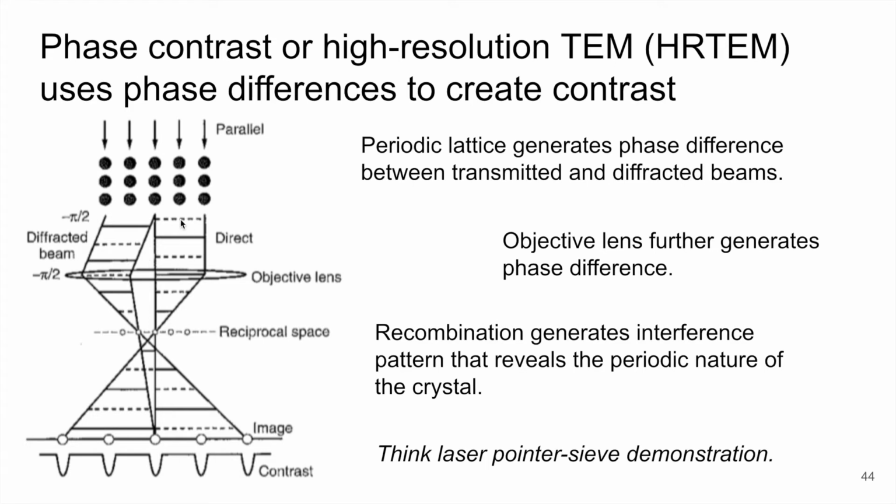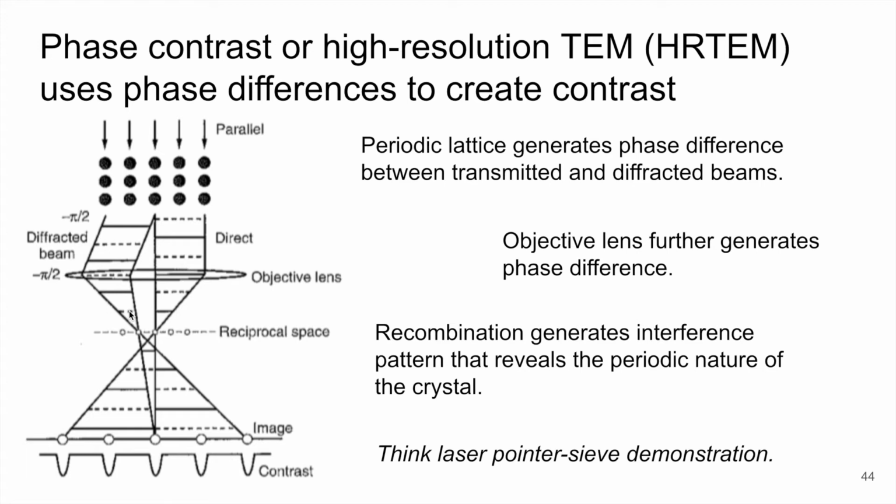So instead of using that aperture to separate those two beams, and either block one or the other to get contrast, what we instead do is we separate them with the objective lens, and we actually let them interact. So we let them recombine.